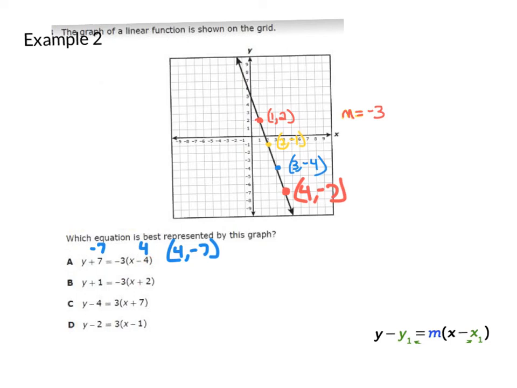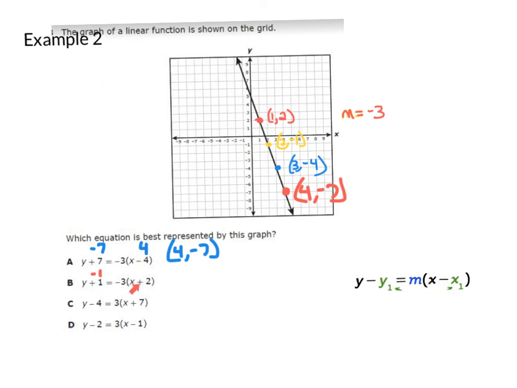So now let's take a look at B here. This is y plus 1 equals -3 times x plus 2. So again, in the equation, y minus y1, for this to have become +1, then the y value needed to have been -1. And then over here, again, we're looking at the equation, we have x minus x1.